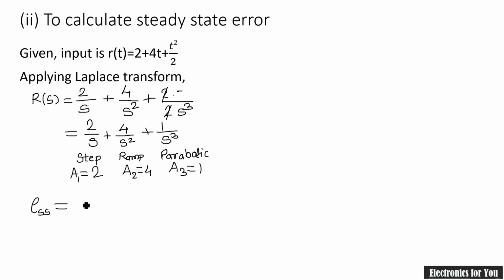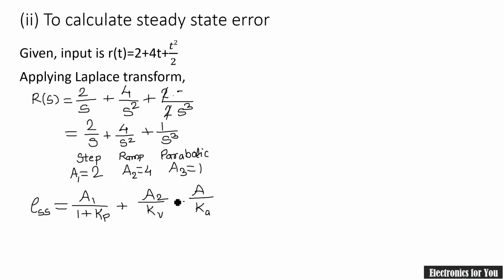Therefore Ess equals A upon 1 plus Kp for the step signal, A upon Kv for the ramp signal, and A upon Ka for the parabolic signal.